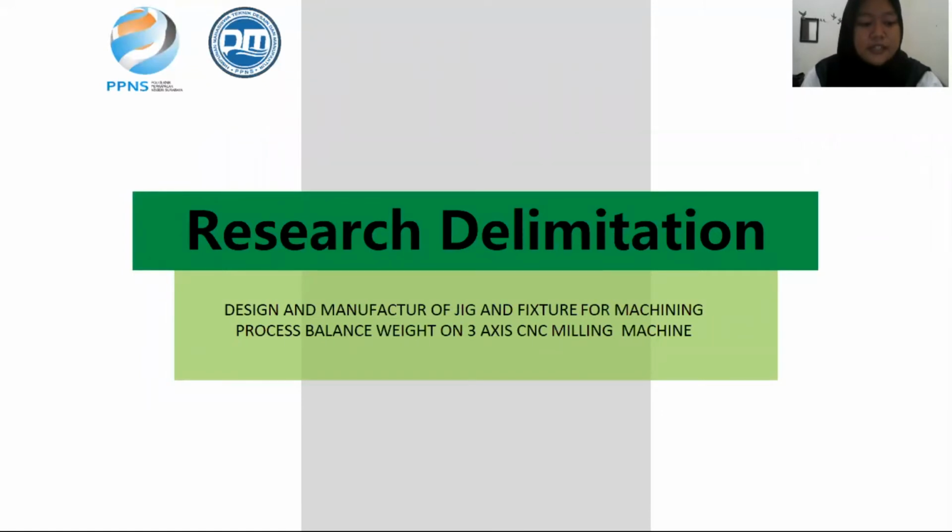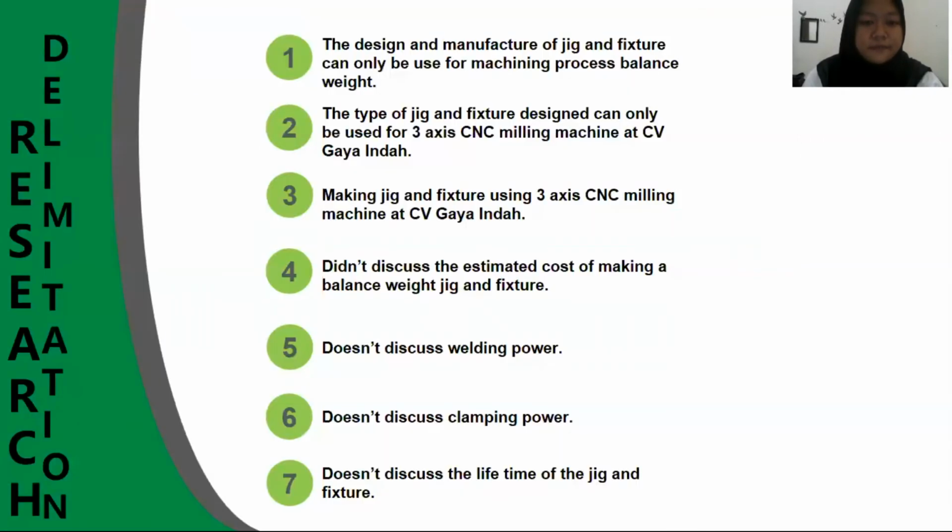Research delimitation. The limitations of writing this final project are: 1. The design and manufacture of jig and fixture can only be used for machining balance wheel. 2. The type of jig and fixture design can only be used for 3-axis CNC milling machine at Gaya Indah. 3.